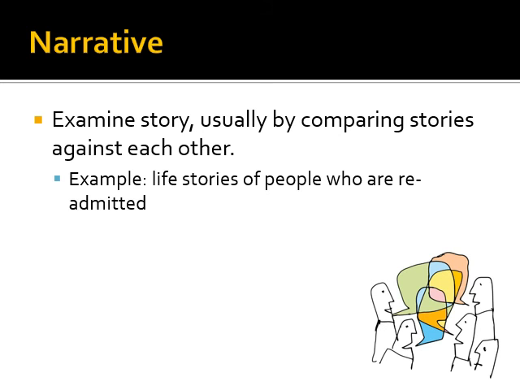So, using our example, in narrative research, we would compare life stories of people who are readmitted to the hospital. We would want people to tell their life stories to us and then compare them to try to understand why readmissions occur.